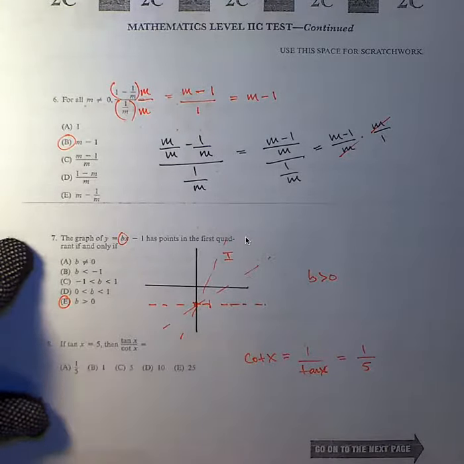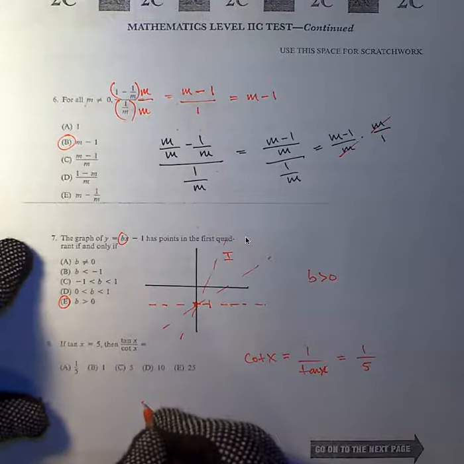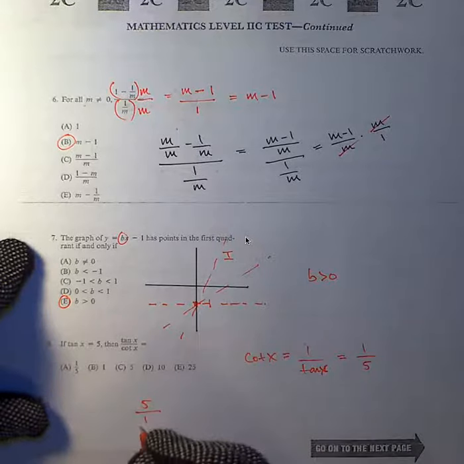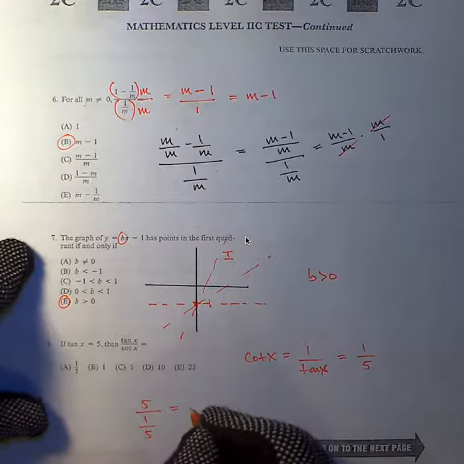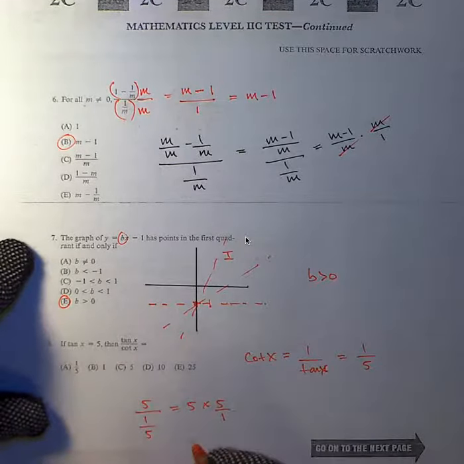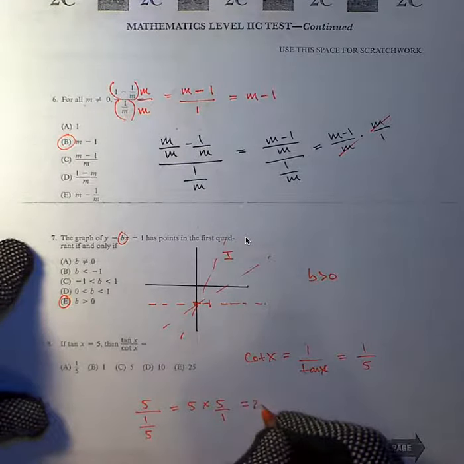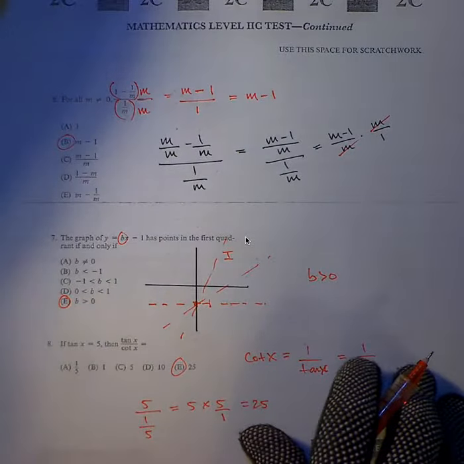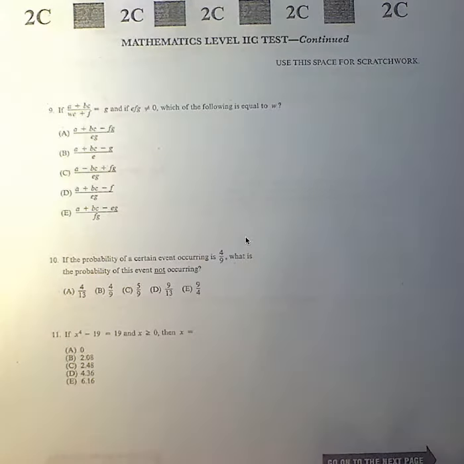So tan x over cot x is going to be 5 divided by 1 over 5, which is the same as 5 times 5 over 1. This is the keep, flip, change stuff again, and here is 25. Okay, cool. So that was 8, so next is 9.